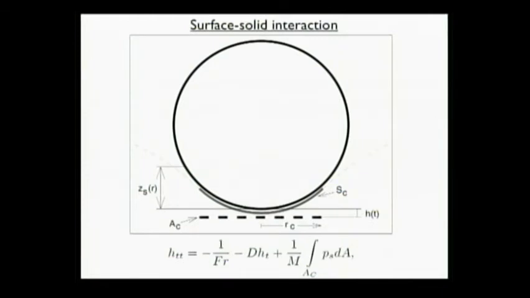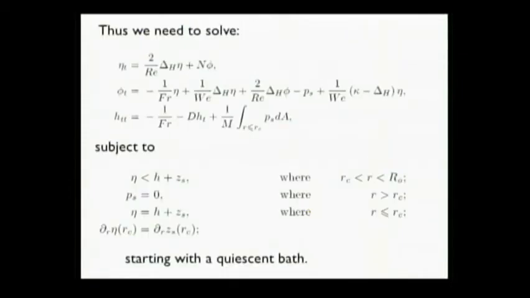And of course, we just use Newton's second law for the vertical motion of the ball. So we then end up with this system where we have an equation for the free surface, the velocity potential, which includes a term for the pressure on the free surface, which is the physical element that relates the motion of the ball with that of the free surface.